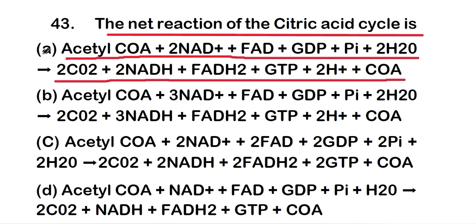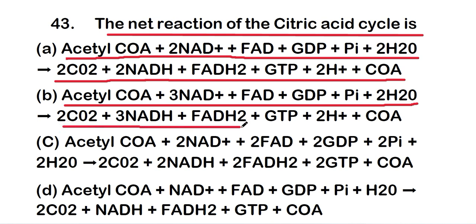Or option B, acetyl CoA plus 3 NAD plus FAD plus GDP plus Pi plus 2 H2O goes to 2 CO2 plus 3 NADH plus FADH2 plus GTP plus 2H plus CoA.